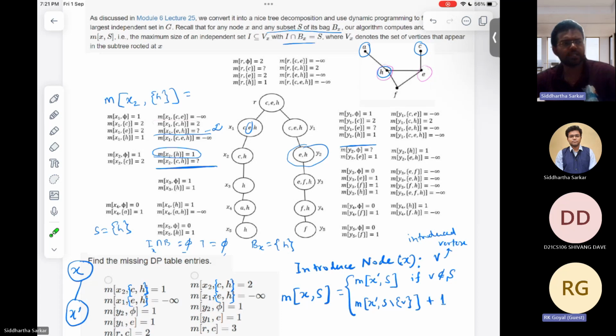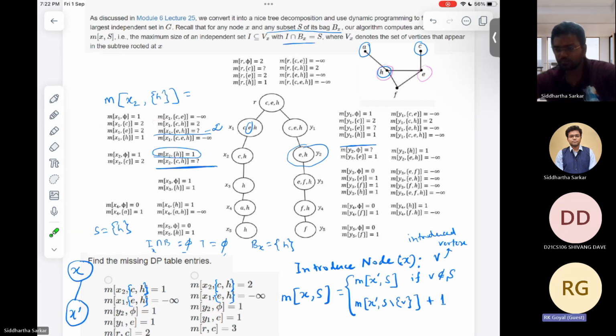Let me make it more precise. Suppose you have 100 vertices, every vertex connected to every other vertex. So this is a complete graph on 100 vertices. I am saying that you report one vertex as an independent set. Is that correct or not?